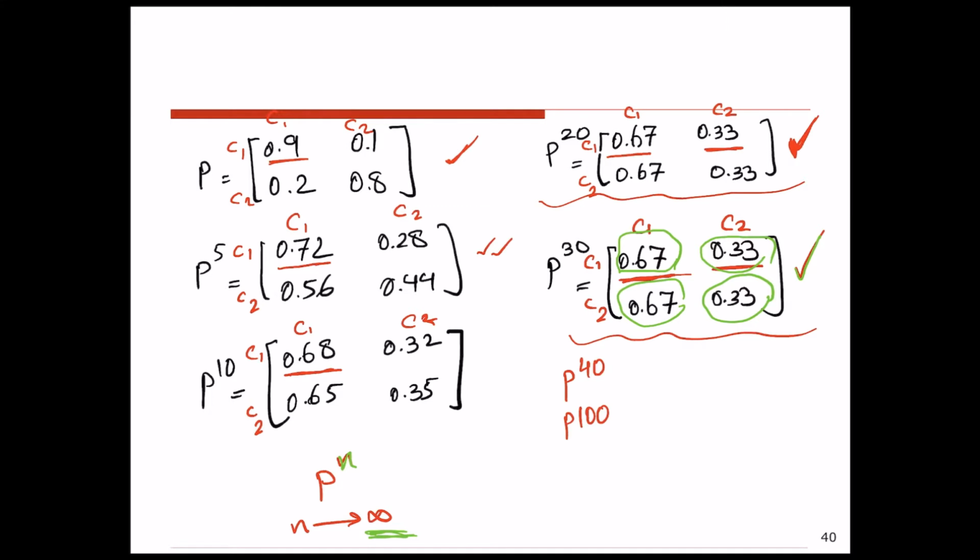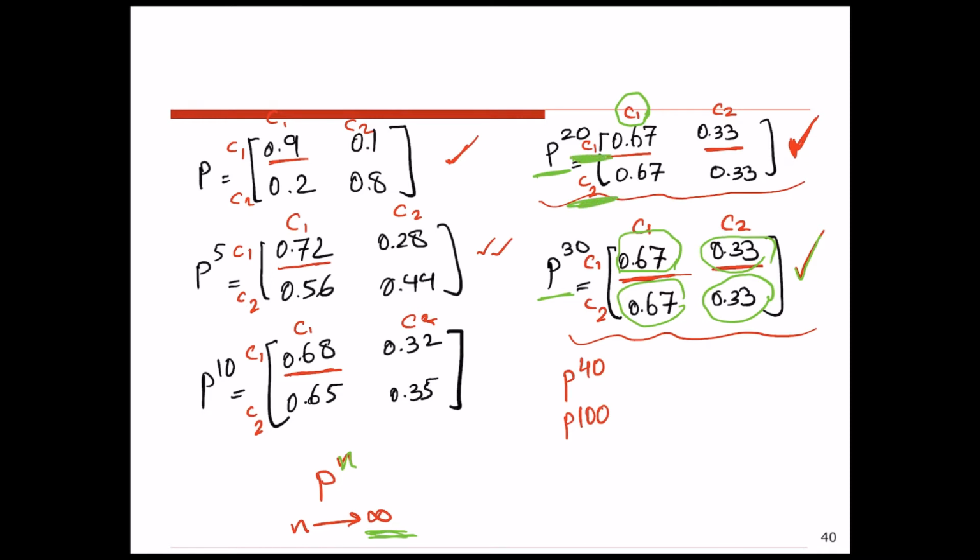The other thing is that if you look at P20 or P30, you will see that the numbers in the first row and second row are the same. What does that mean? It means that if you want to know the probability that 20 purchases or 30 purchases or 100 purchases from now you are a cola 1 drinker, it doesn't matter where you start from.